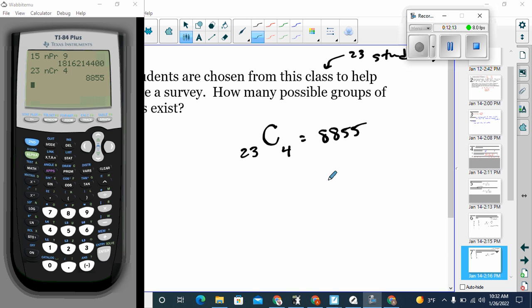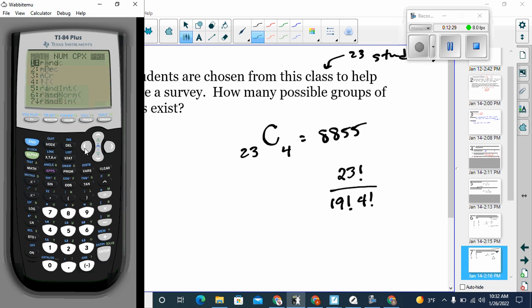Notice if you do use the formula, we've got 23 factorial over 23 minus 4, which is 19 factorial, times 4 factorial on the bottom. You do need to be careful here. 23 factorial divided by 19 factorial, 4 factorial.